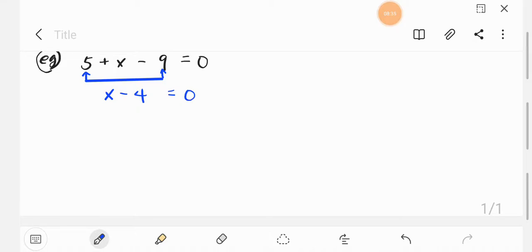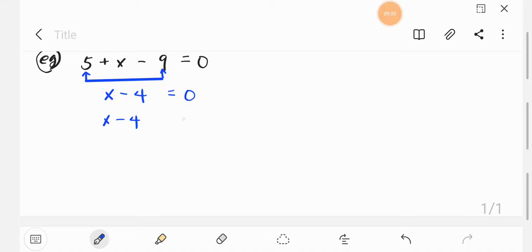Our purpose is to leave x on one side and move the others to the other side, so that we can find the solution. So in this case, simplify the left hand side first and then move. What do we do next?